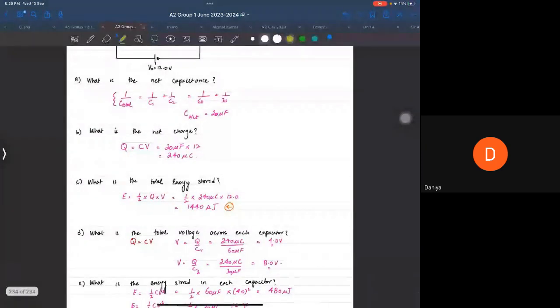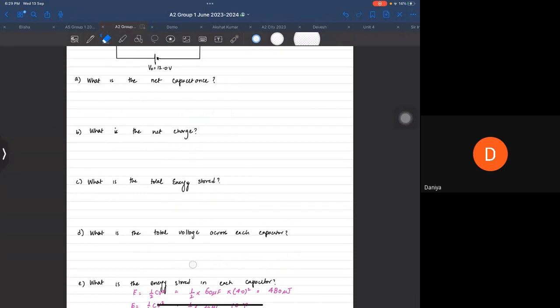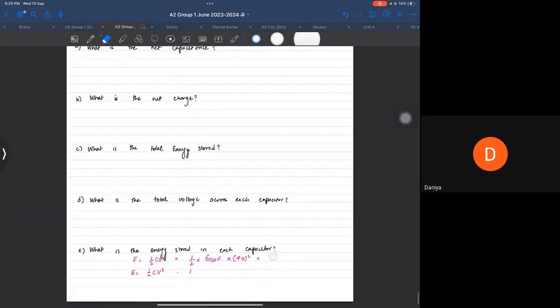Don't need that. So we're basically following the same pattern to find each and everything, whatever they require in any question. So let's erase all of this and this as well.